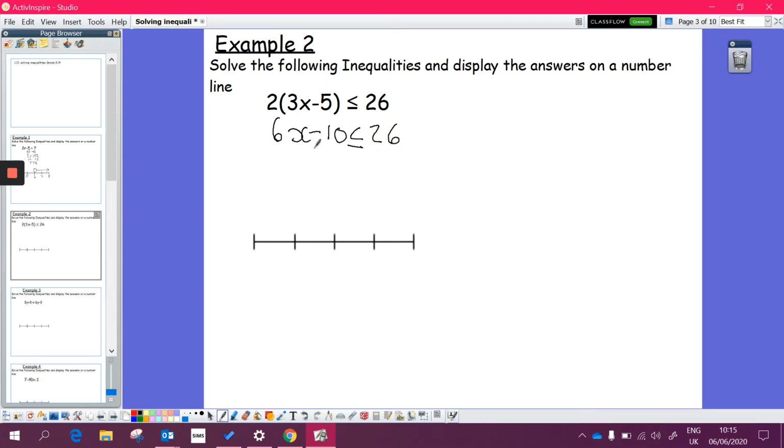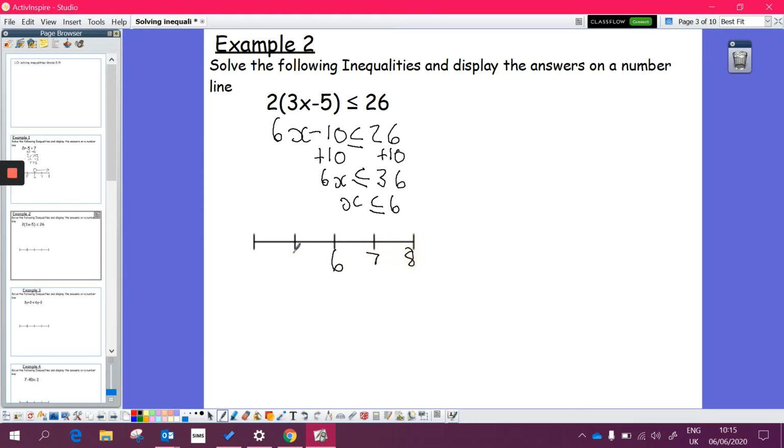And then to get rid of the minus 10, do the opposite. Plus 10, plus 10. So you get 6x is less than or equal to 36. And get rid of the 6 by dividing by 6, you get x is less than or equal to 6.